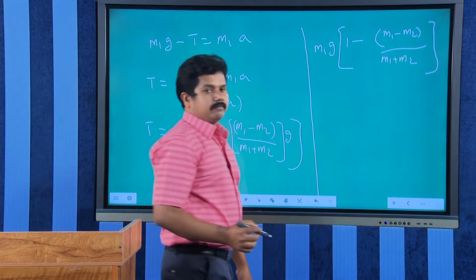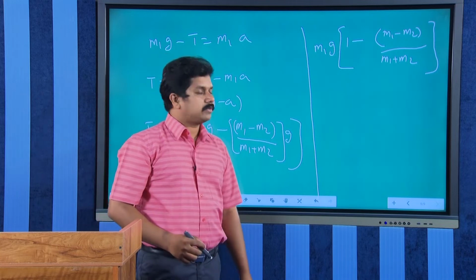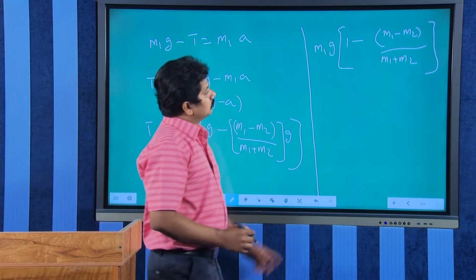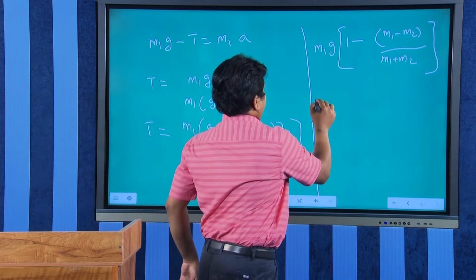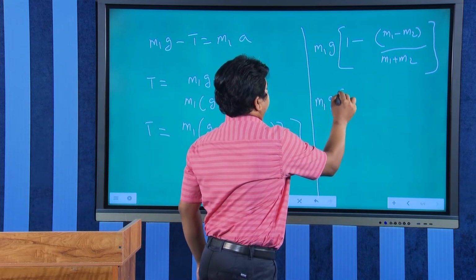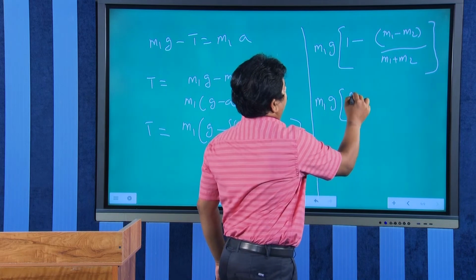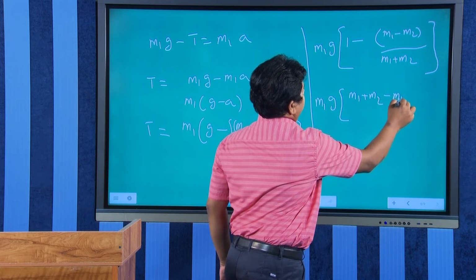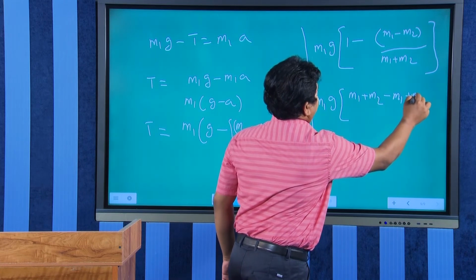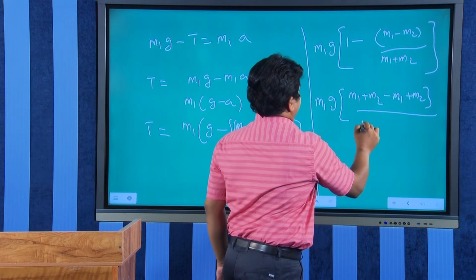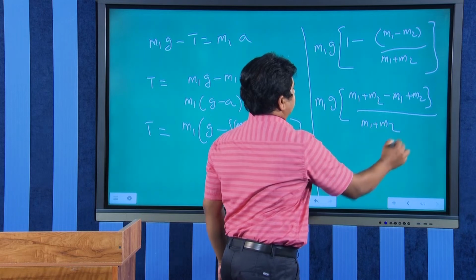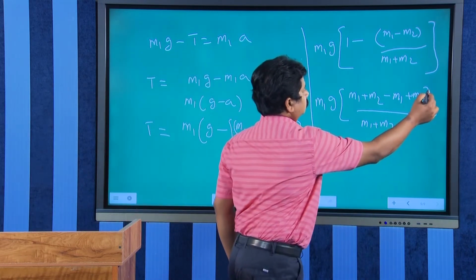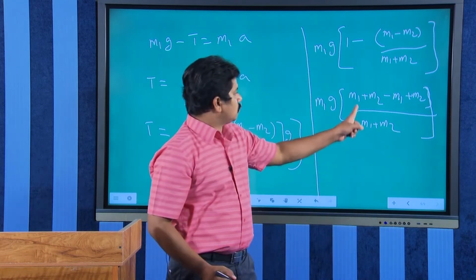Rearranging, we get m1 g into m1 plus m2 minus m1 plus m2 by m1 plus m2. So, m1 and m1 get cancelled.